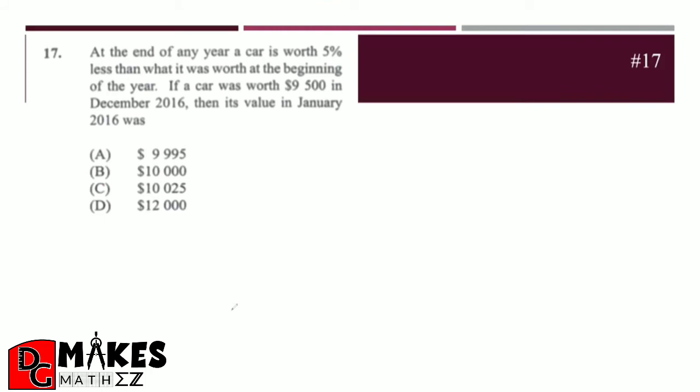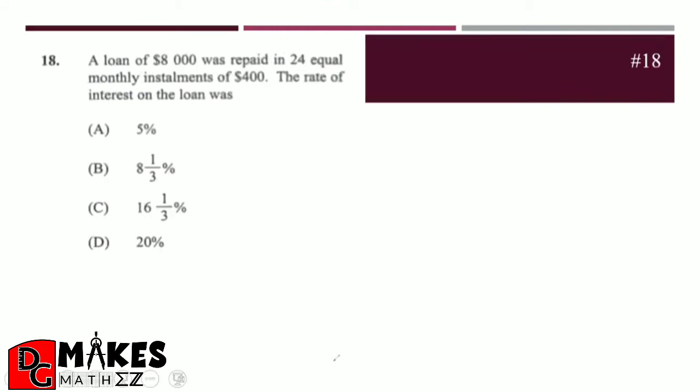All right, remember you can always go back if you were not done taking that off. All right, so here we go. A loan of $8,000 was repaid in 24 equal monthly installments of $400. The rate of interest on the loan was, all right, so first things first, how much was borrowed? 8,000.